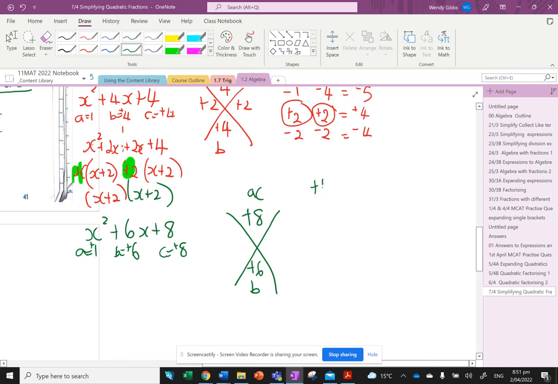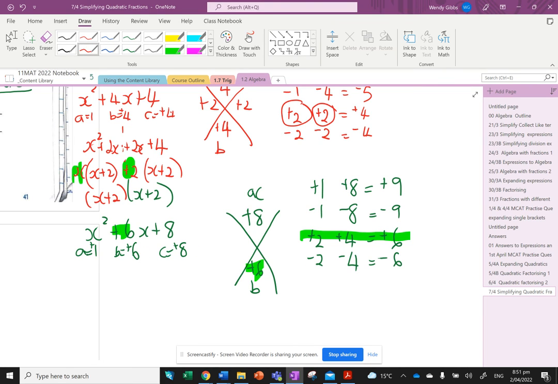So positive 8 can be a positive 1 times a positive 8, or a negative 1 times a negative 8, because a negative times a negative is a positive. Or we could have positive 2 times positive 4, or negative 2 times negative 4. They're all the factors. What do they combine to? Positive 9, negative 9, positive 6, negative 6. And we need it to be positive 6 because that's what was there. So it's these two, positive 2, positive 4.